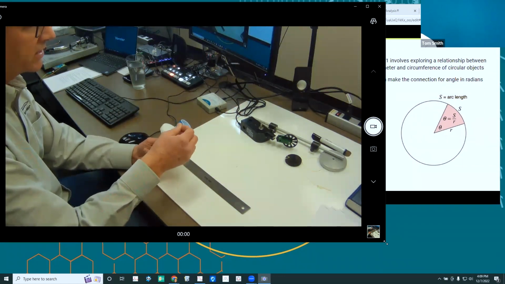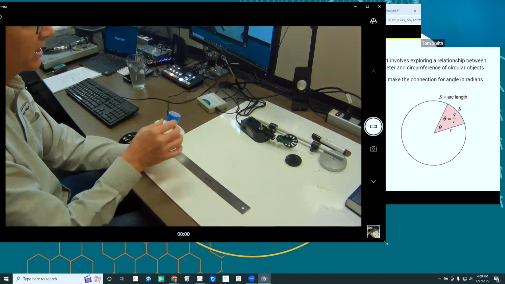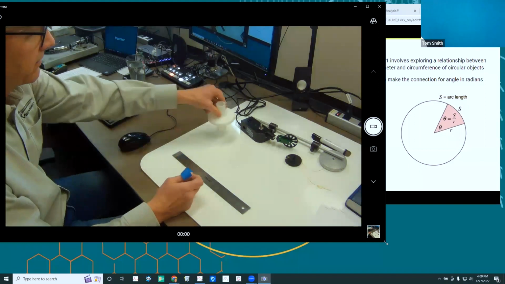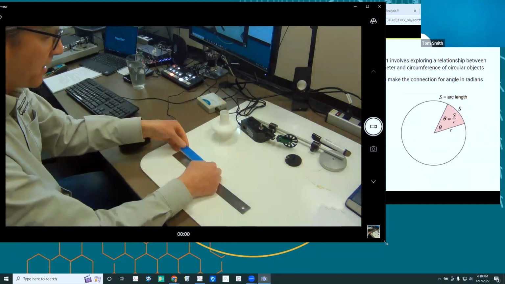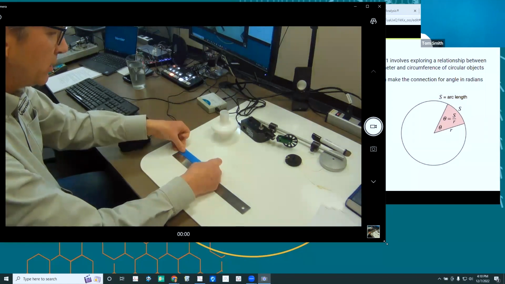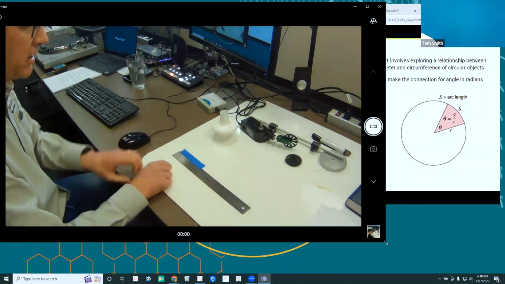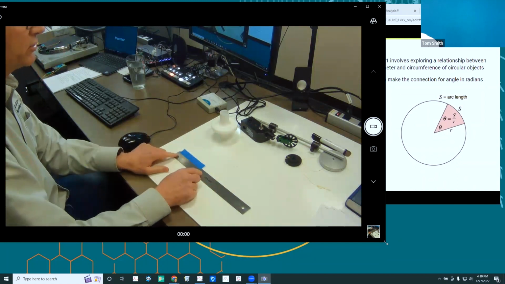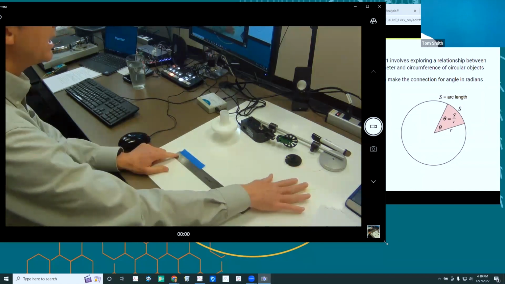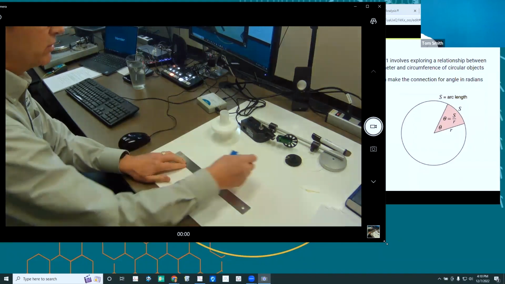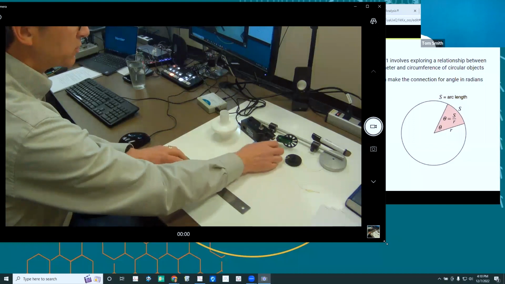I very carefully cut the ends so that I could peel it off and lay it right on my ruler to get a pretty good value of the circumference. I found this was a lot more reliable than using a string. So just a tip for you to throw in the back of your classroom notes.